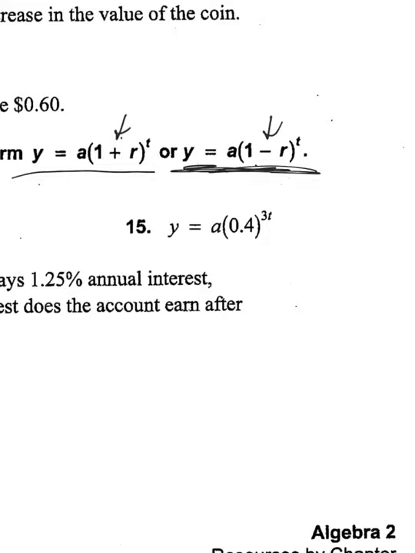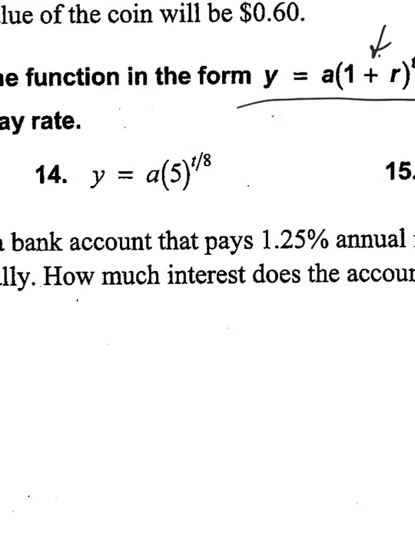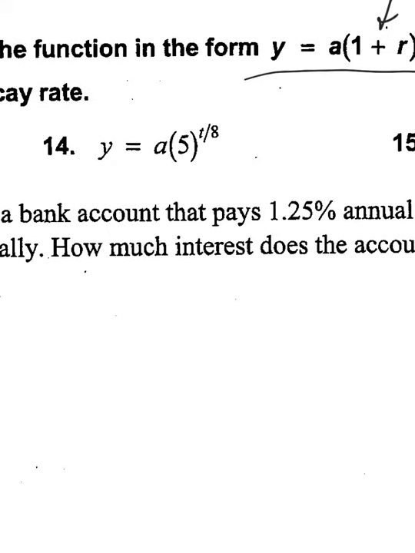The growth has the plus sign and the decay has the minus sign. So let's go ahead and do this one first. Number 14 says y equals a times 5 to the t over 8. What I want to do is get t by itself.